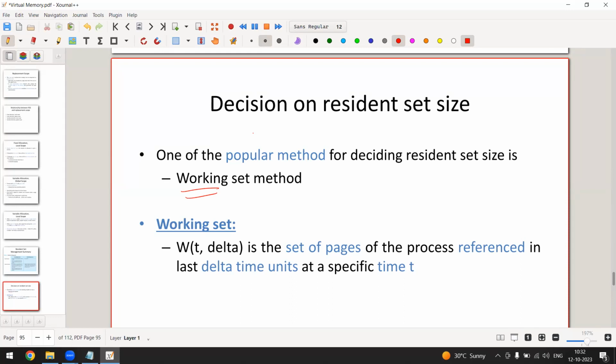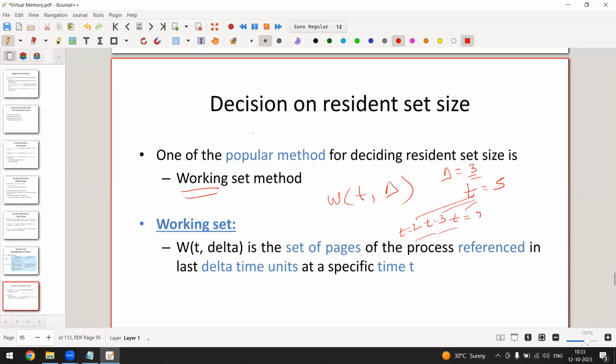The working set method is very simple. For that we define a working set W(t, delta), which is the set of pages of the process referenced in the last delta time units at a specified time t. From this working set method, we are able to decide our resident set. If I am at time t equal to 5, for example, and delta is 3, then I will look at time t equal to 4, 3, and 2, because delta is 3.